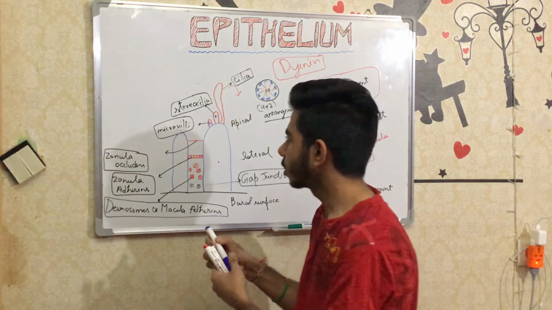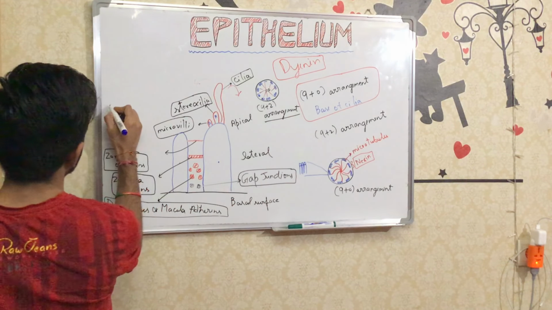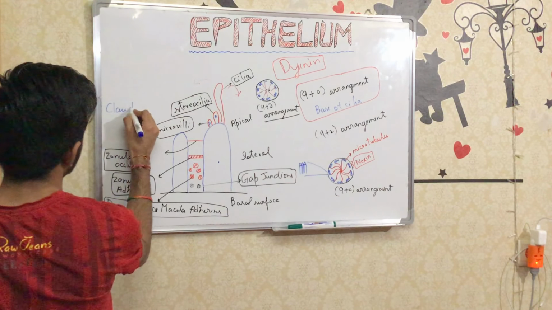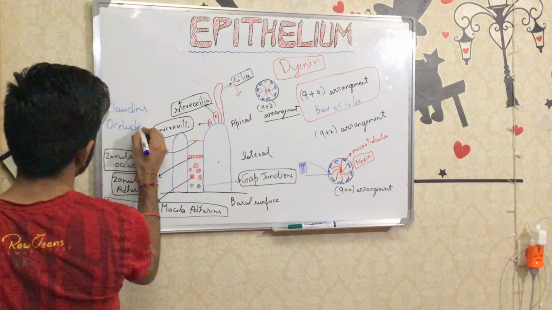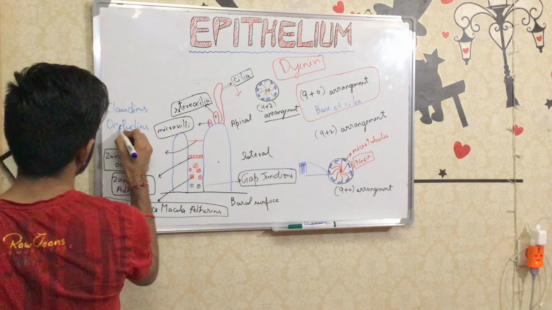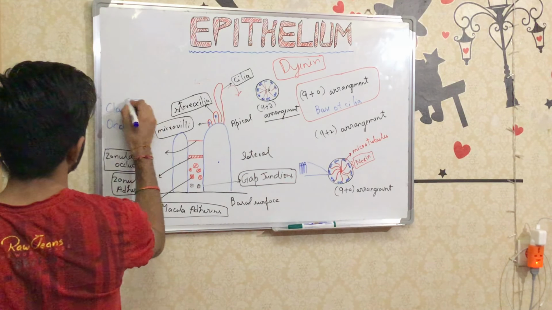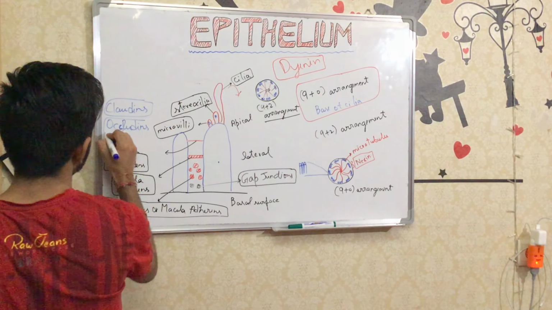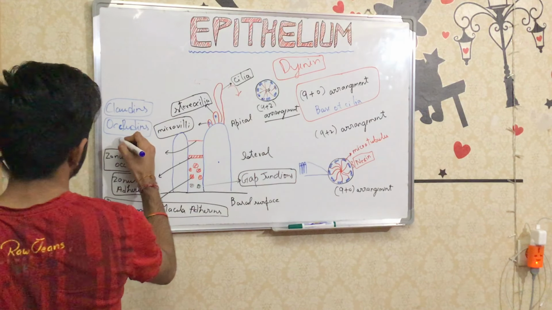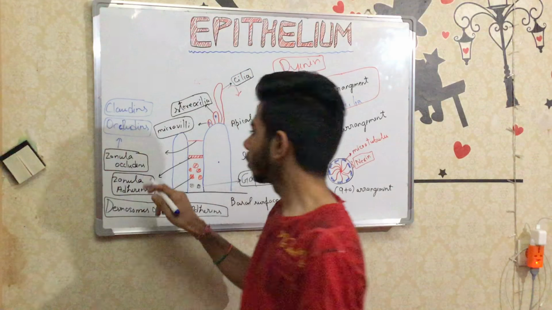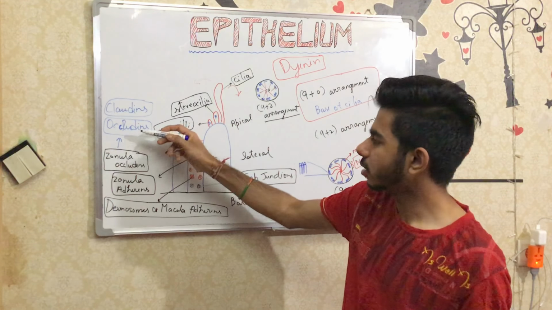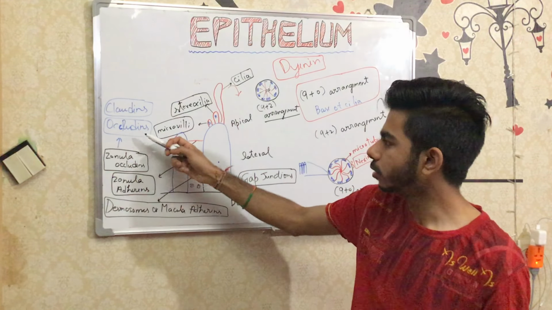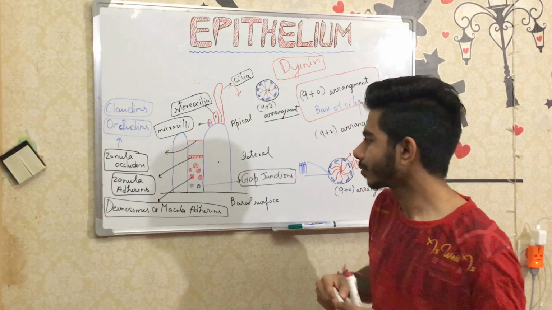So what kind of proteins are these? Claudins and occludins. So these are the two proteins which are present in the zonula occludens. The name occludens signifies that they have the protein occludins and the claudins.